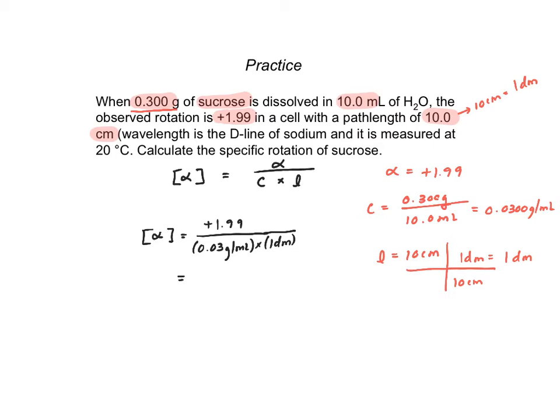Normally I do this, but I didn't, and I can't do it mentally. 1.99 divided by 0.03 is 66. Notice that the positive comes with it, and we get 66.3 for our specific rotation for sucrose.